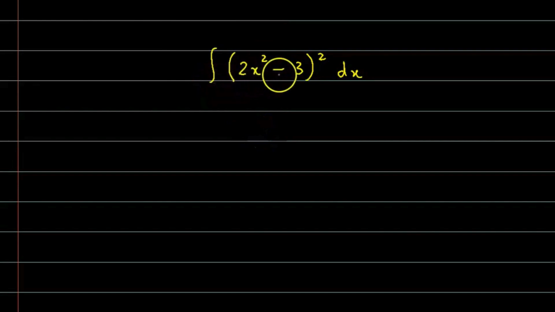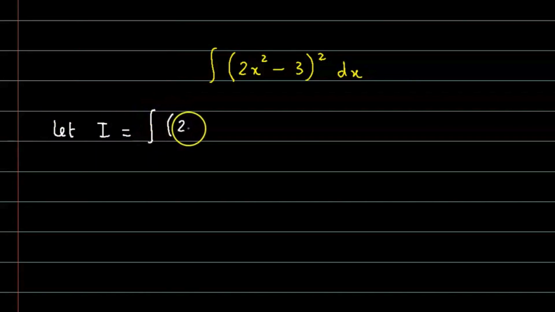Integrate (2x square minus 3) the whole square with respect to x. So let I be equal to integration of (2x square minus 3) the whole square.